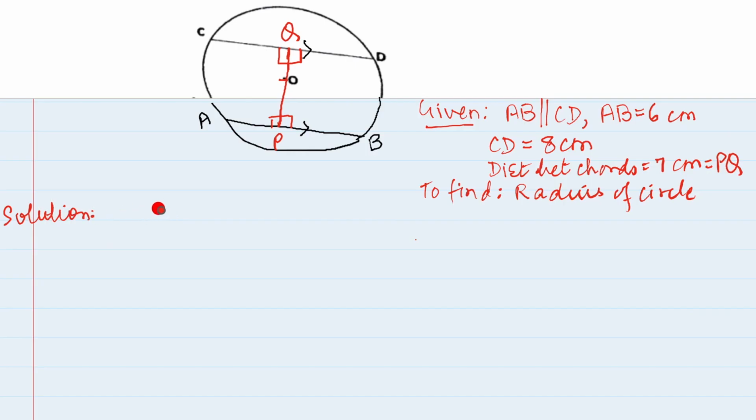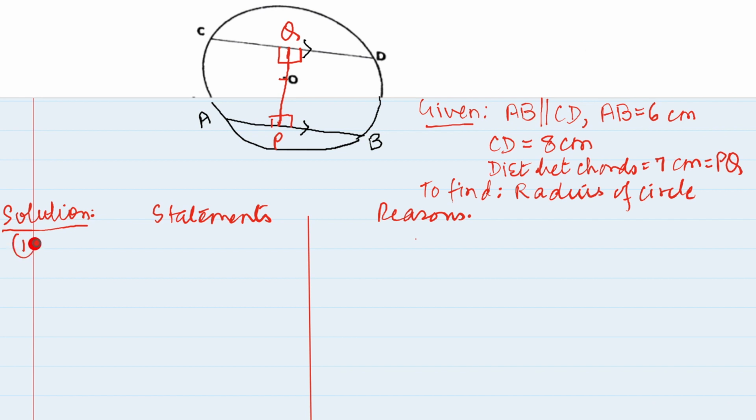Now for the solution, again we'll have statements and reasons column. Now statement number 1, we will write AB is parallel to CD. This was given. Okay. Second statement. Now distance PQ is given as 7 centimeters.